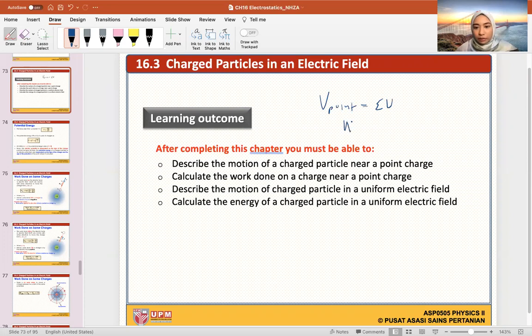Then we know that W equals KQ times 1 over RA minus 1 over RB. So these things overlap with this subtopic.